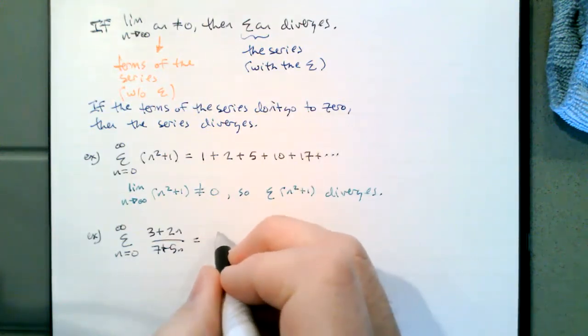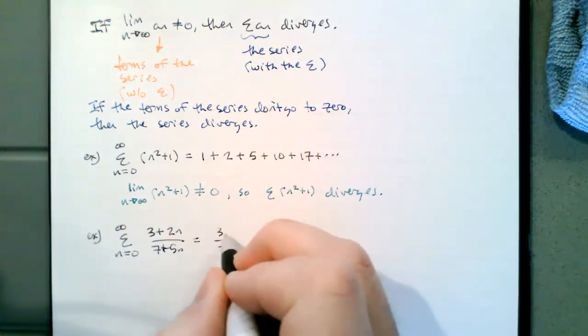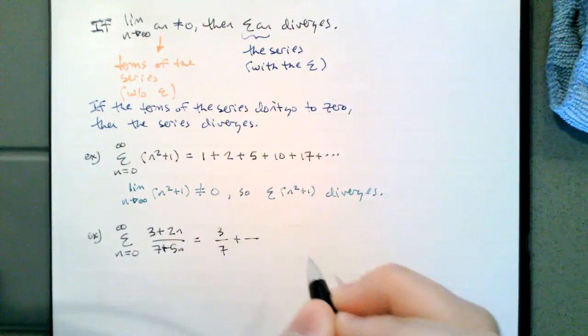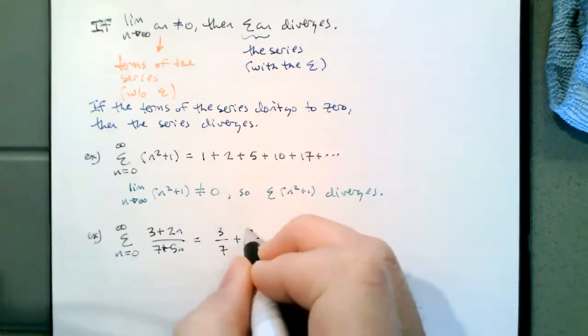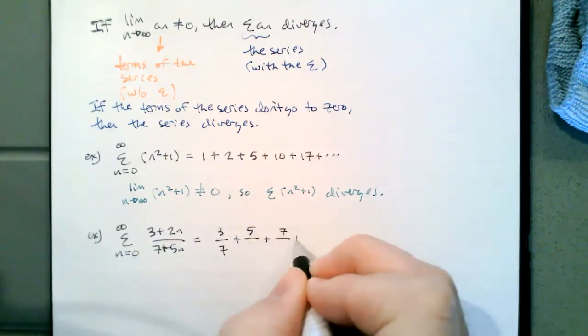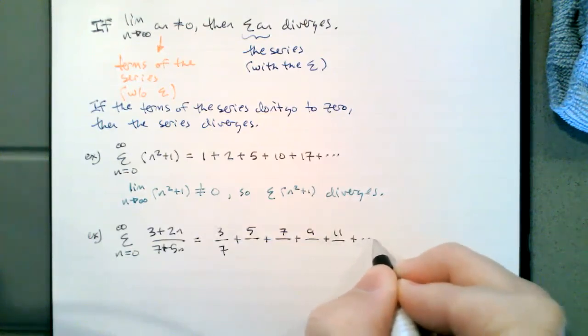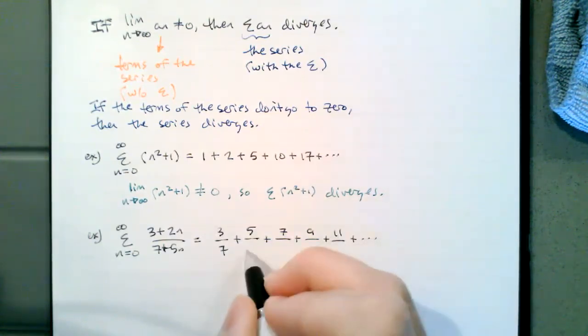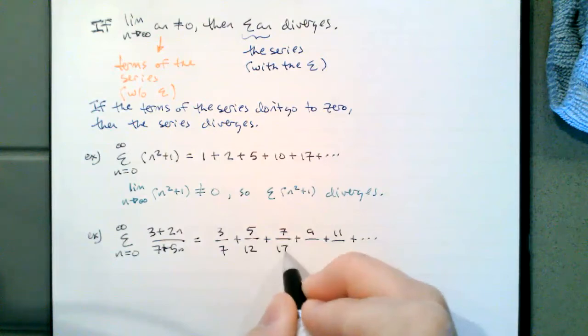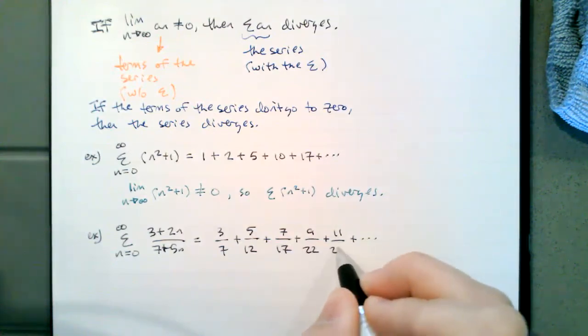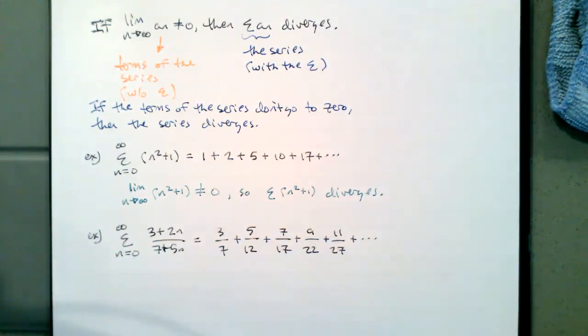So we'll start off with 3/7 when n equals 0. And then the numerators we're adding 2, so 5, 7. And the denominator we're adding 5, so 7, 12, 17, 22, 27, and so on. This series diverges because the limit of the terms is not 0.